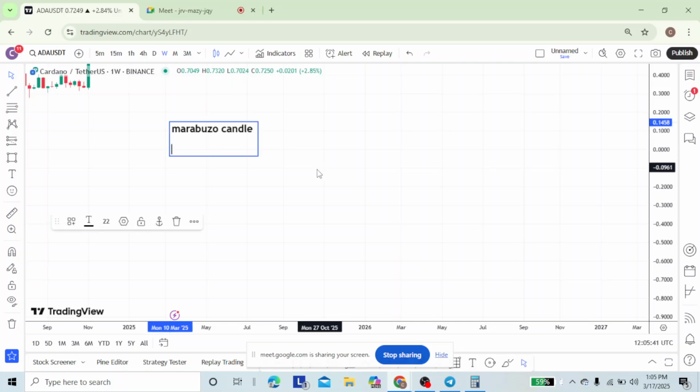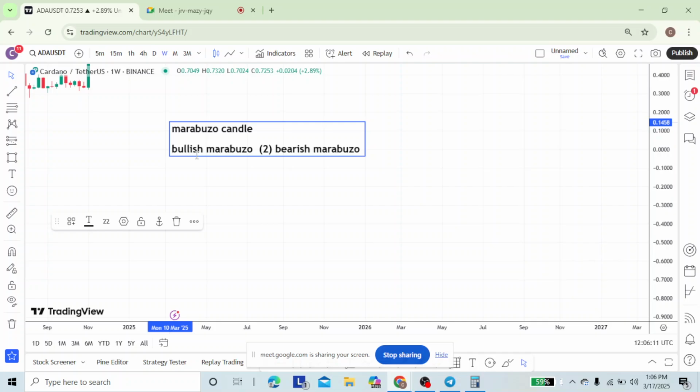So under Marabozo candlestick, we have the bullish Marabozo and we also have the bearish Marabozo candle.